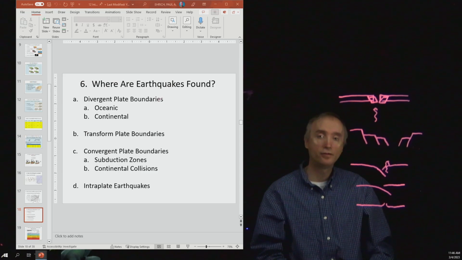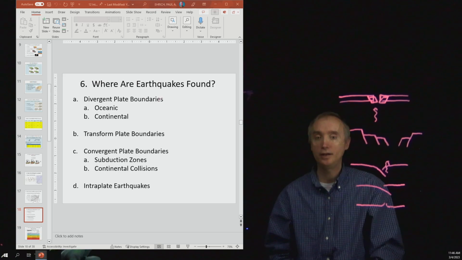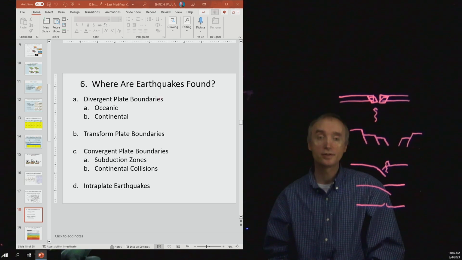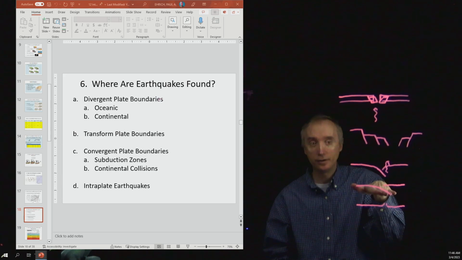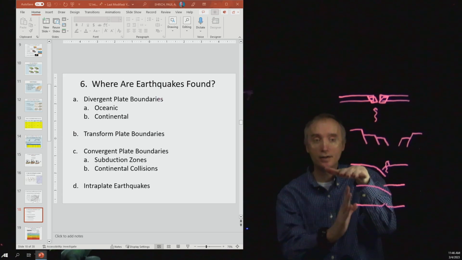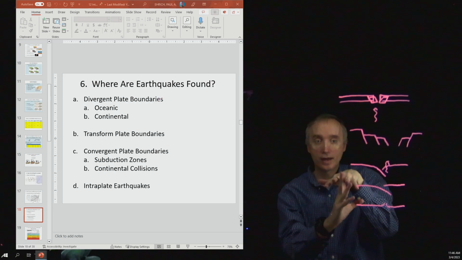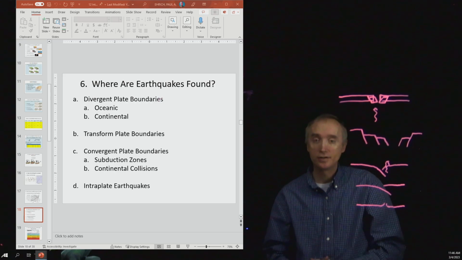Okay, so then the fourth example is going to be intra-plate earthquakes. And so an example of this might be at Yellowstone National Park, where you have the North American continent, and then there is a hot spot underneath it that is sending up material, and so that heat from that hot spot is what drives all the geysers there in Yellowstone National Park.